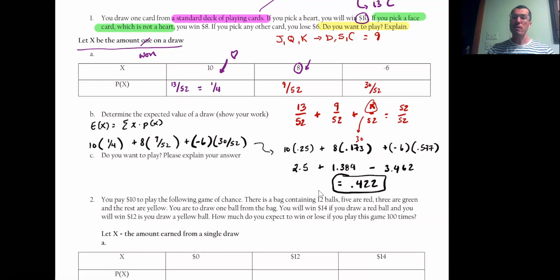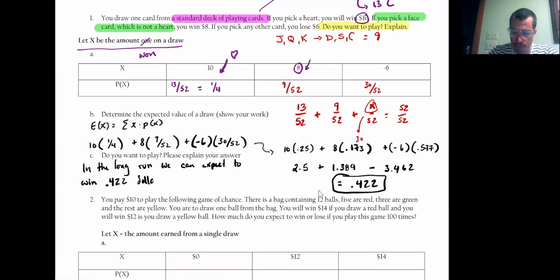So keep in mind, what does this mean? This means that in the long run, which is the key phrase when we're talking about expected value, we can expect to win $0.422 per draw.